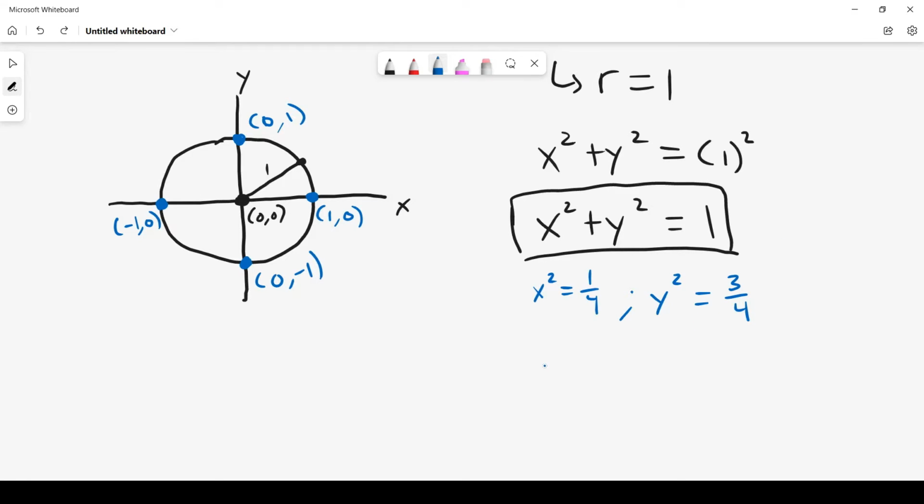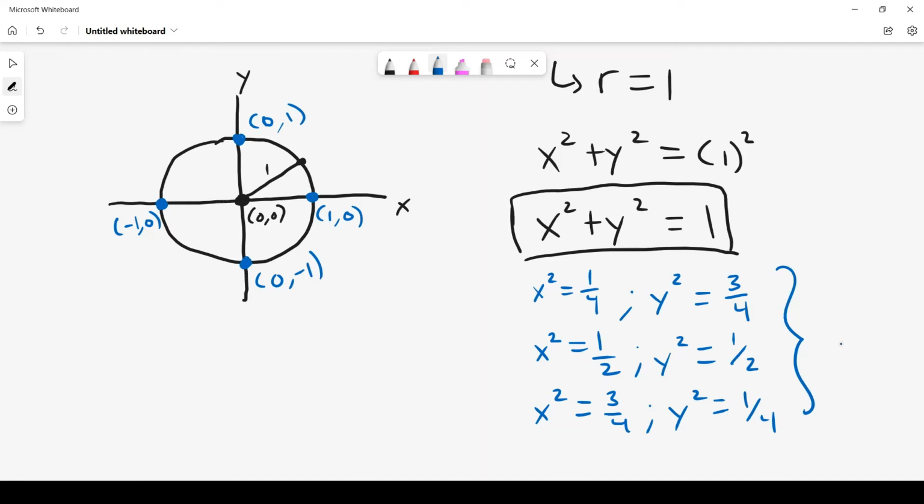And so now looking at other values, we'd also be able to use x squared is equal to 1/2, y squared is equal to 1/2. We can also use x squared is equal to 3/4, and y squared is equal to 1/4. All these together, if you add up x squared plus y squared, they're going to equal 1.